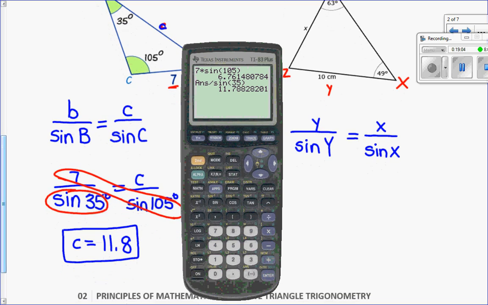Y is 10 centimeters over sine of 63 degrees, and that's going to equal X, which is our unknown, over the sine of 49 degrees.